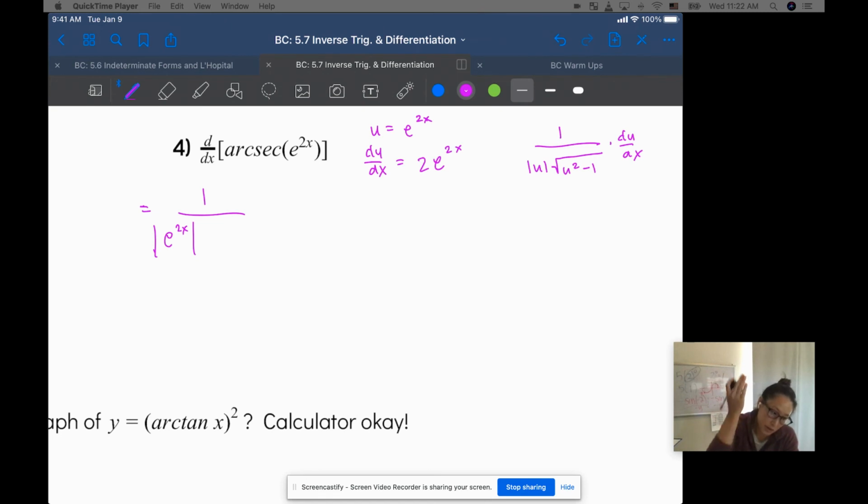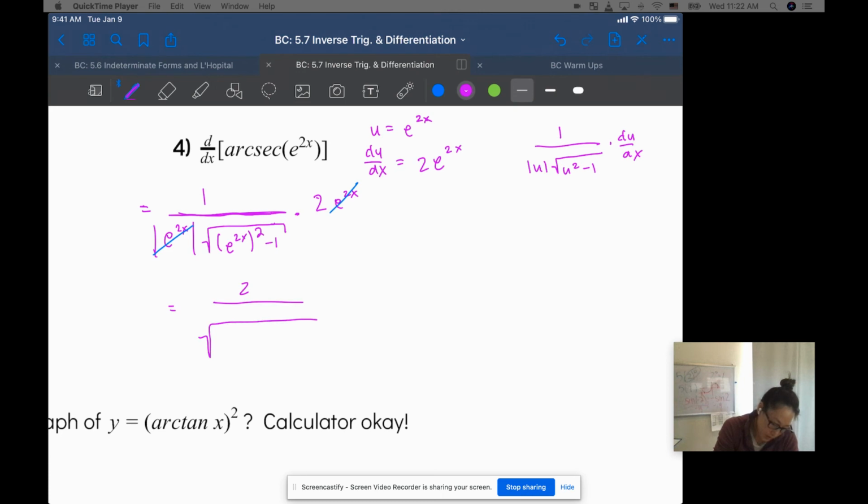Okay, so I get 1 over the absolute value of e to the 2x times the square root of e to the 2x squared minus 1, times du dx, which is 2 e to the 2x. So I notice that these e to the 2x's are going to cancel, leaving me with 2 over the square root of e to the 4x, because I multiply those two exponents, minus 1.